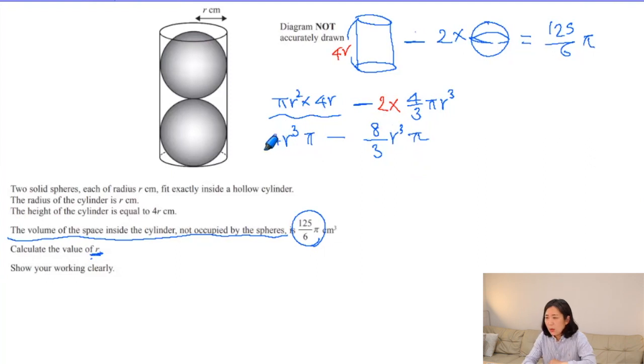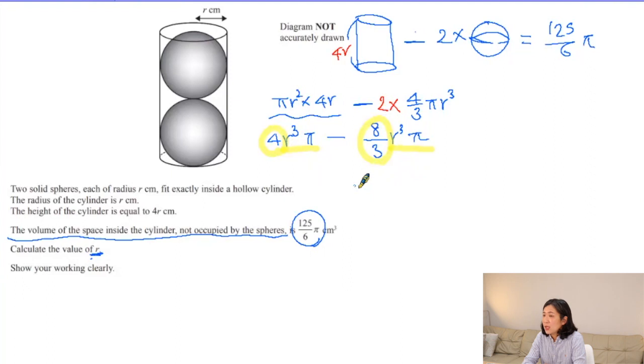It looks quite complex, but both expressions have got r cubed pi, so let's pretend that r cubed pi is one unknown. Then you've got 4 lots of r cubed pi and then a third lots of r cubed pi. All we need to do is take away that, right?